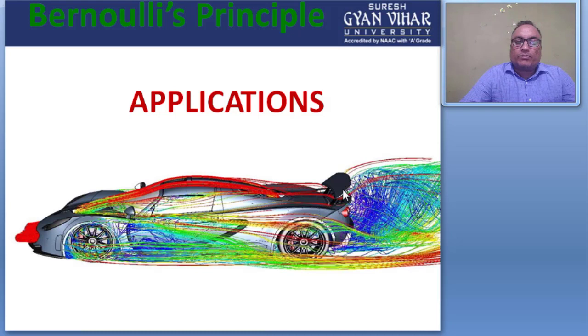The spoiler can also reduce the vortex region behind the body. Bernoulli's principle is very helpful to create less drag throughout the body, and to give the aerofoil shape to the automobile industries. This is a very good application of Bernoulli's principle.